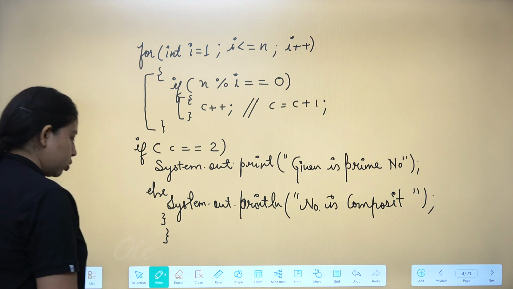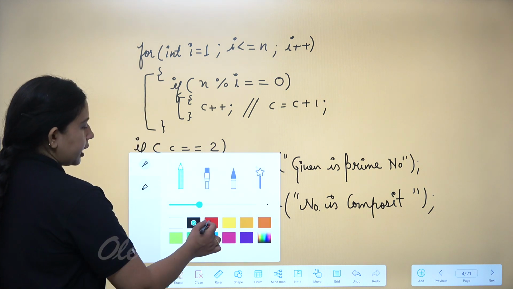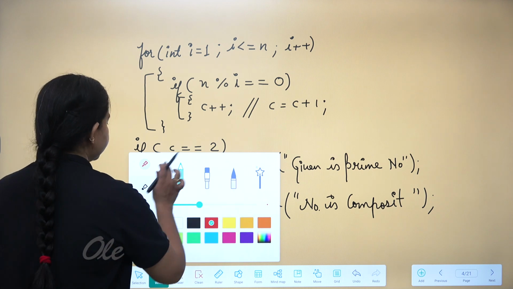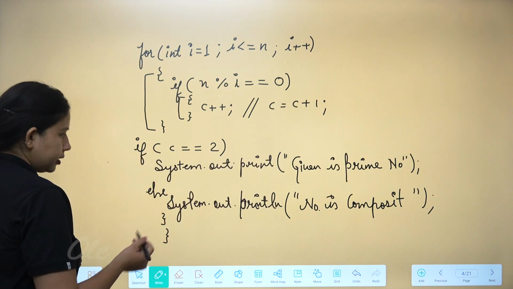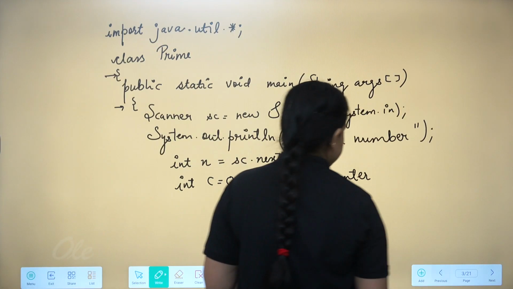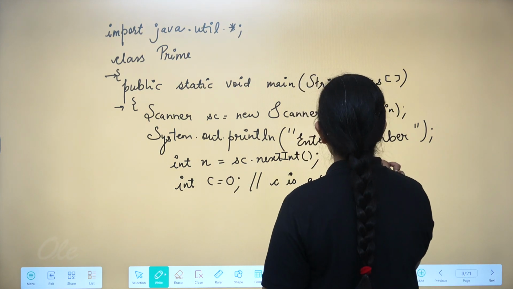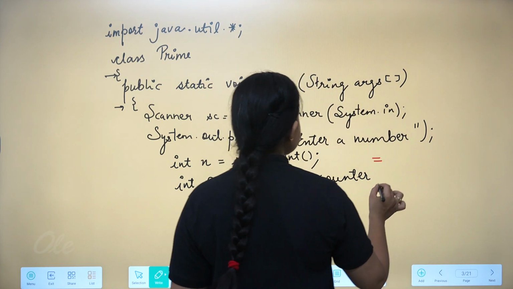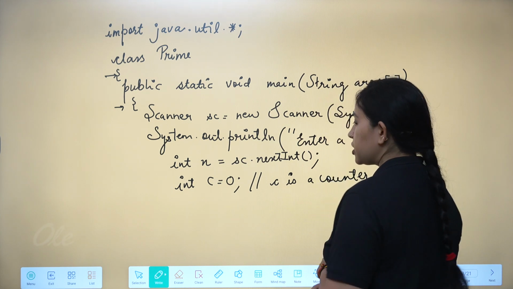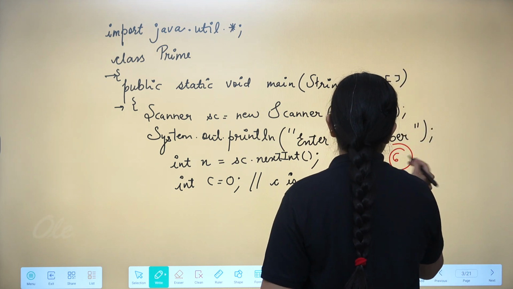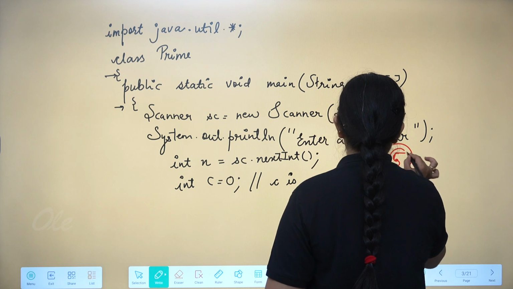I'll quickly show the dry run of this program over here. In here we have taken a number. Suppose I take a number, 6, or rather, I'll take a prime number, so I'm taking 5 over here.